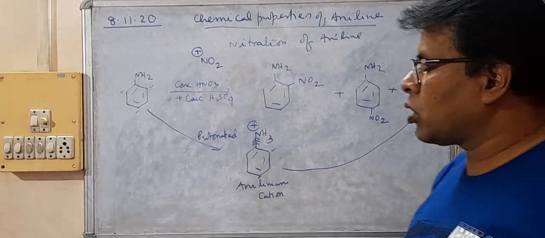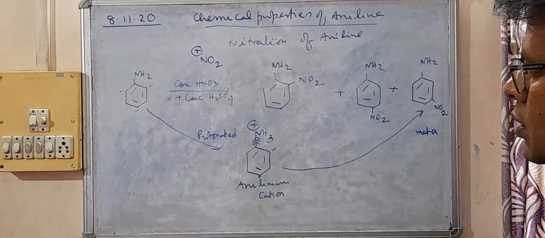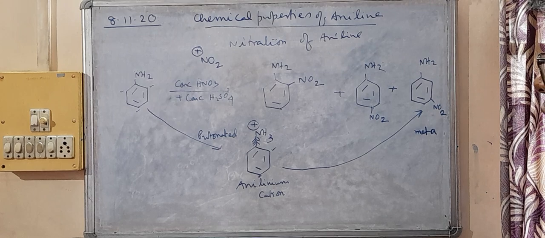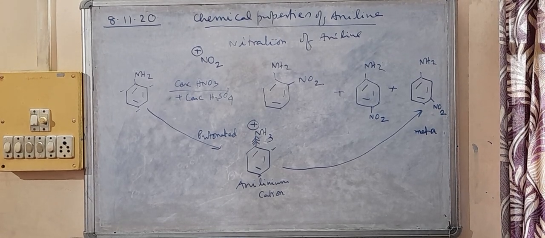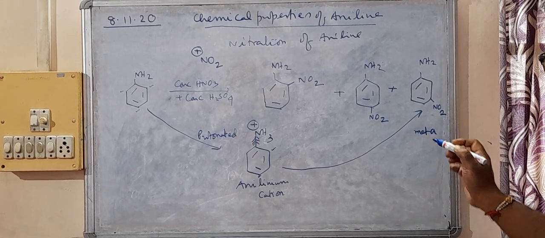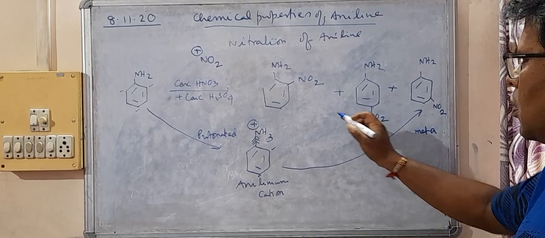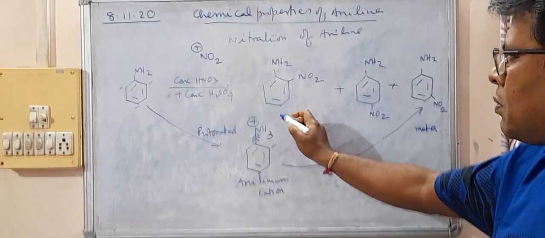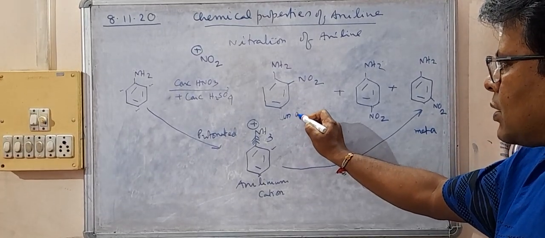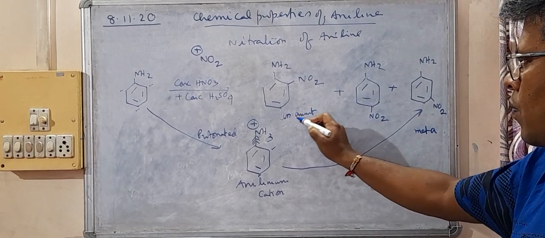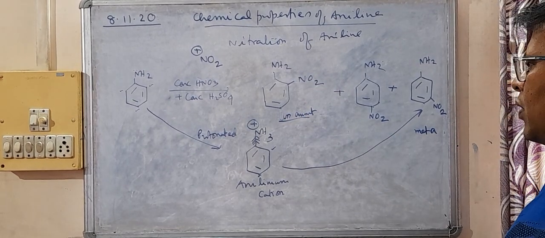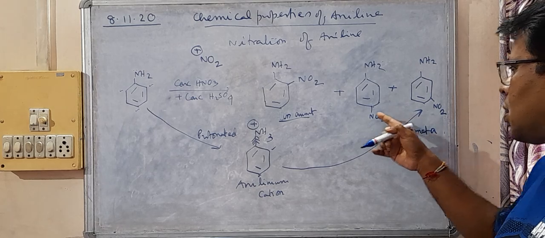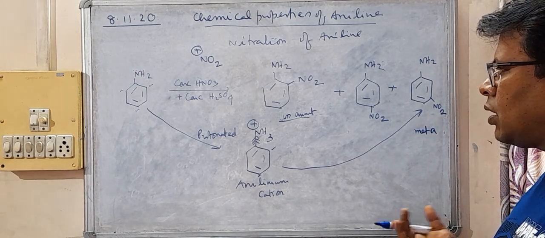This is a very important question that comes in exam, what is the reason why we get meta product. Let me tell you that the ortho product is obtained in very less amount, and para and meta we get in very large amount.